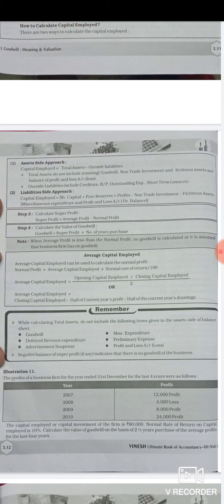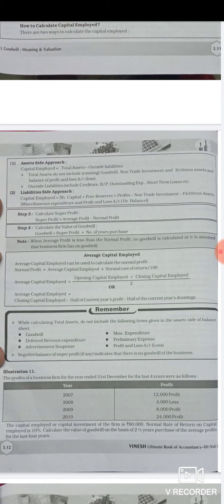So average capital employed can be used to calculate the normal profit, as per the information. The same formula, instead of capital employed, we write average capital employed. So average capital employed equals opening capital employed plus closing capital employed divided by 2. This is the formula to calculate the average capital employed.